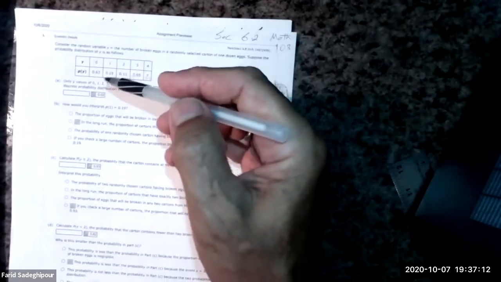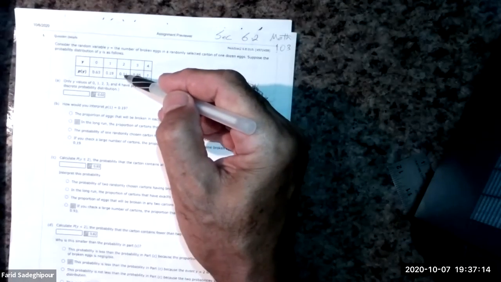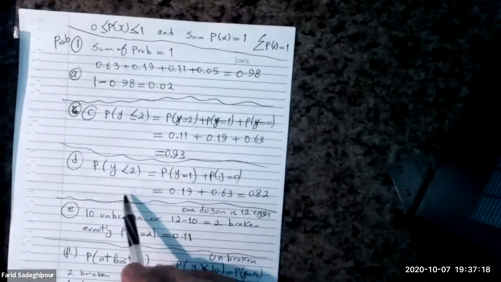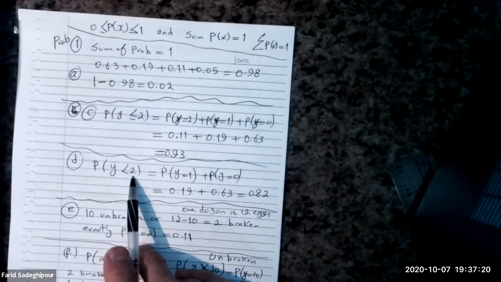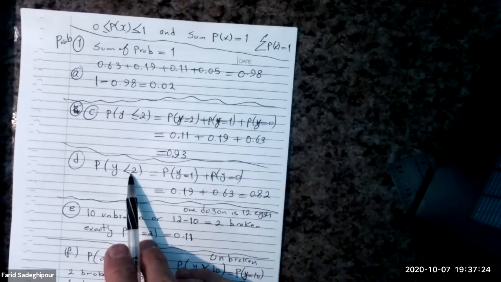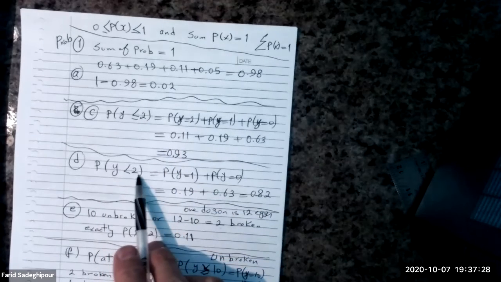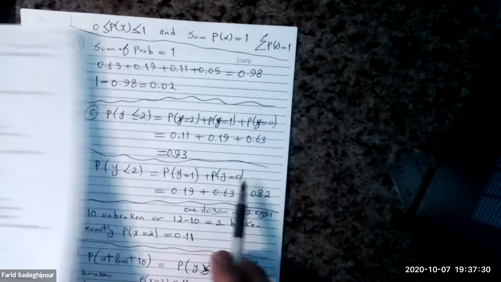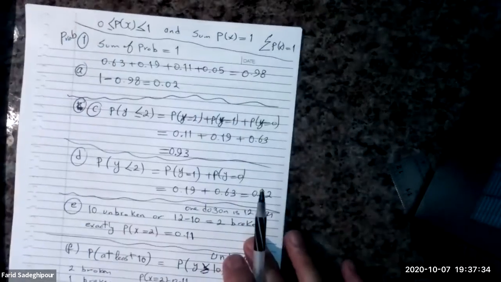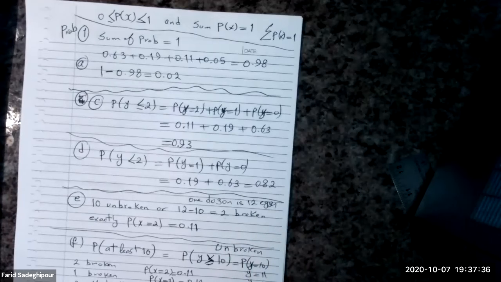Less than or equal to 2 means you find probability of 2, 1, and 0. What is the probability of y less than 2? If you don't see an equal sign, it means 2 is not one of them. So because it doesn't have an equal sign like this, see, that means just y equal 1 and y equal 0. Means you just add these two together.